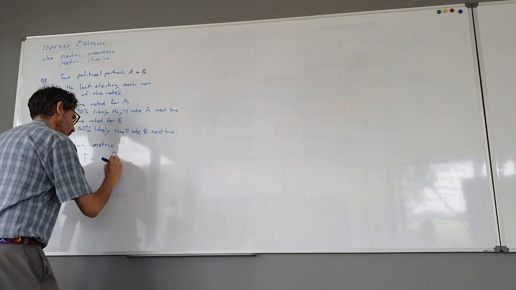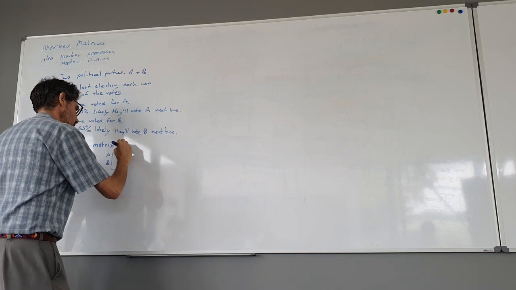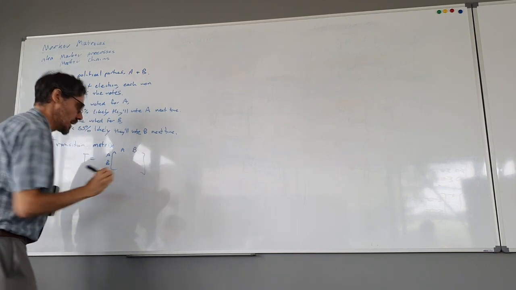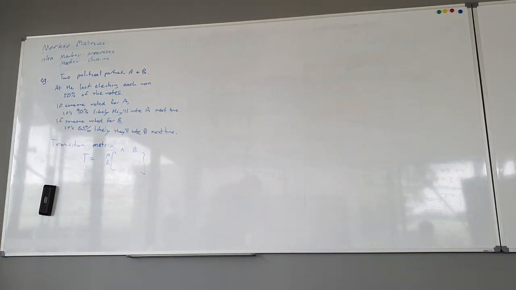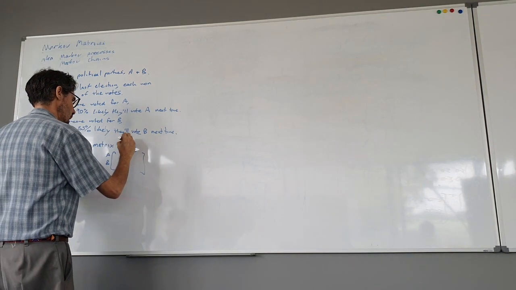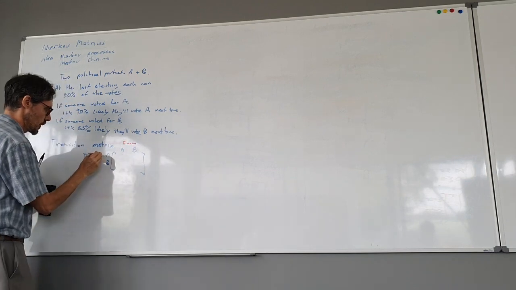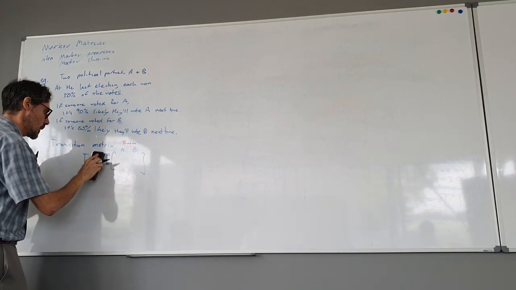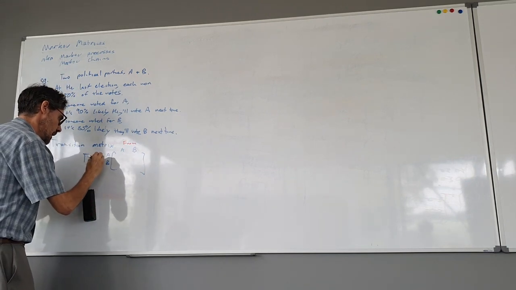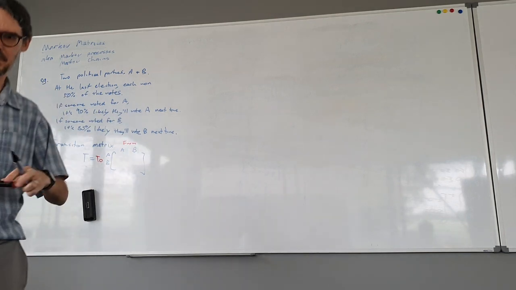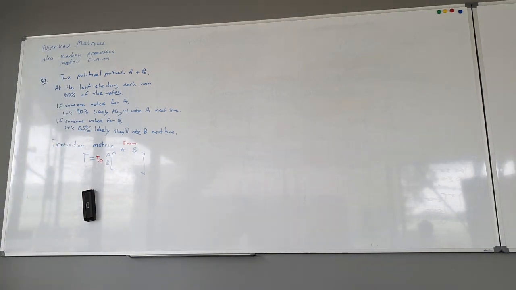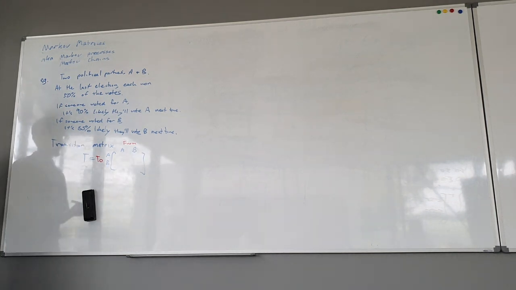T is going to be A, B, A, B, and we've got to get our rows and columns right, going from, to.